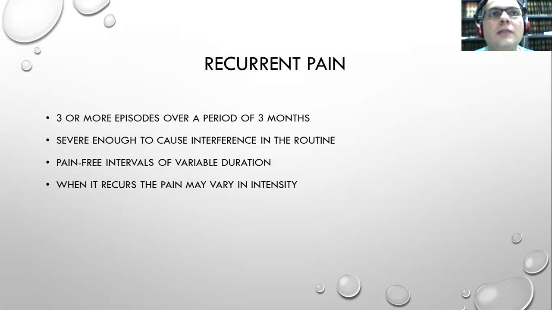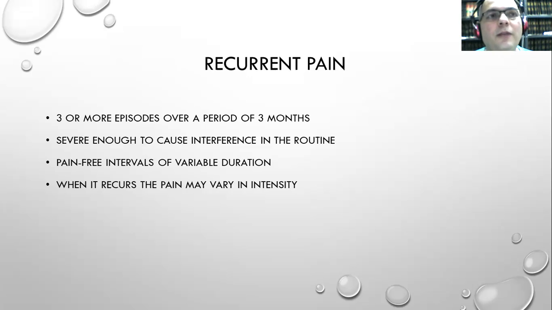In between these two pain episodes, there should be a pain-free interval. The pain-free interval may be of variable time span. It might be a few days, a few weeks, or even a few months. But for recurrent colicky pain, the same pain has to recur within 3 months, so not more than 3 months interval is expected between two episodes.